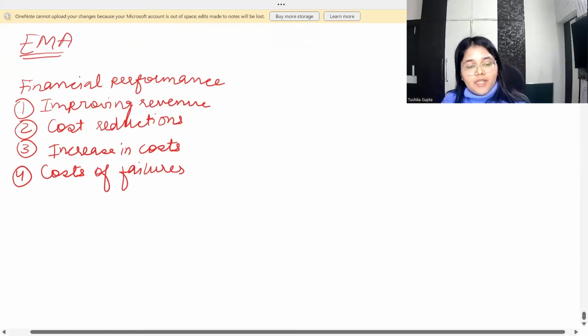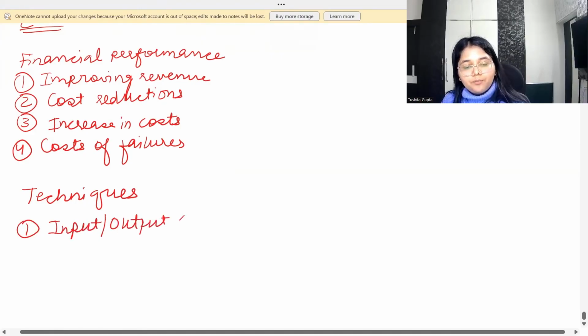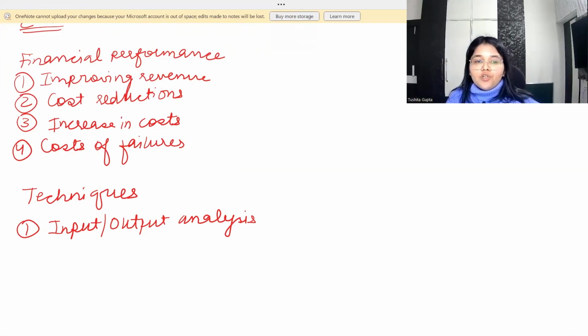Now, when it comes to the techniques that we have under EMA, what are they? The first technique that we have under EMA is input-output analysis. It means that in both physical and monetary terms, businesses are forced to focus on environmental costs. As the name suggests, input and output.